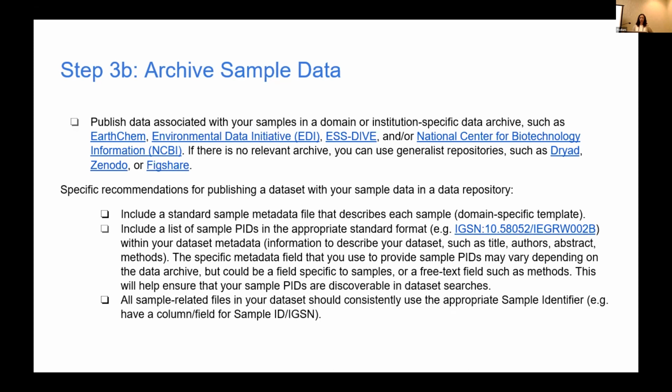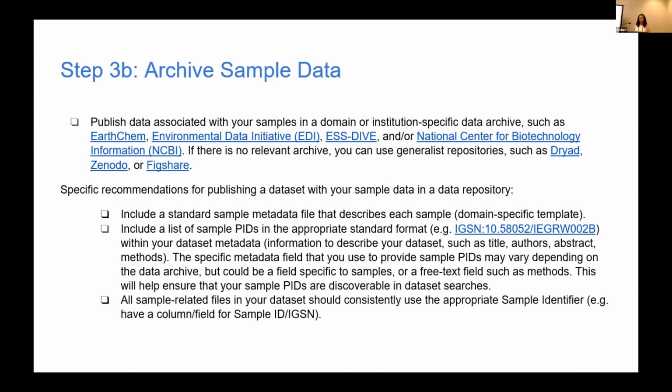All that information that describes your sample data set, the full data set. The specific data set metadata field that you use to provide these sample IDs may vary depending on the data archive. But it could be a field specific to samples or a free text field such as the methods.